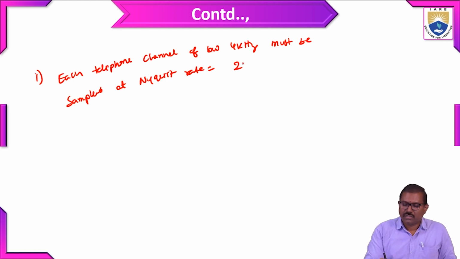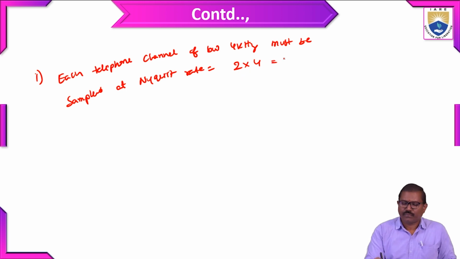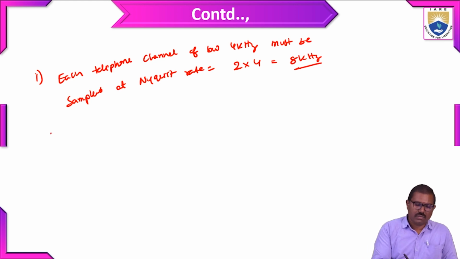So what is the Nyquist rate? 2 into 4, that means fs is equal to 2 fm. It is 8 kilohertz.